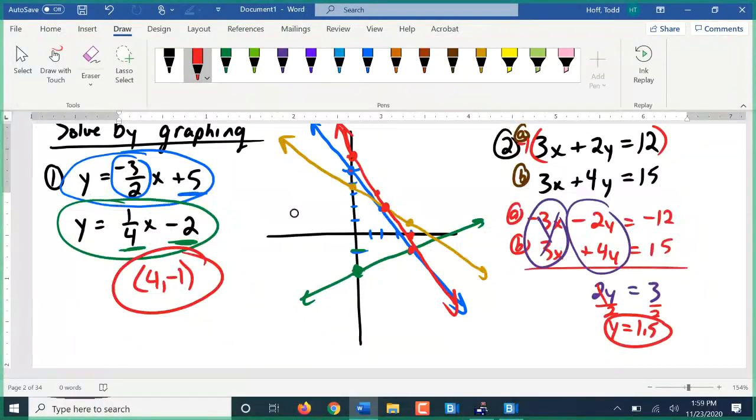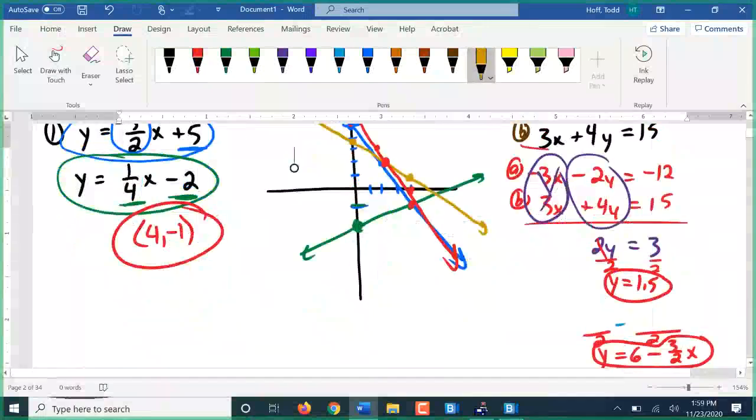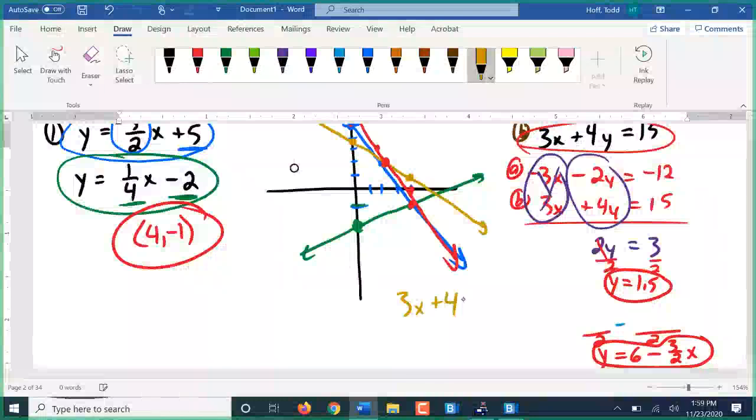And then we can put that back in to find x. We'll just use the bottom equation. 3x plus 4y will become 4 times 1.5 equals 15. 4 times 1.5 is 6. So 3x plus 6 equals 15.